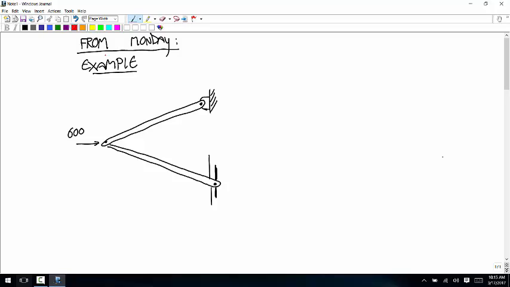I would guess I called this member 1, this member 2, and then probably A, B, and C. A was the pin. Called this P because that's what we're trying to find, and this is B.